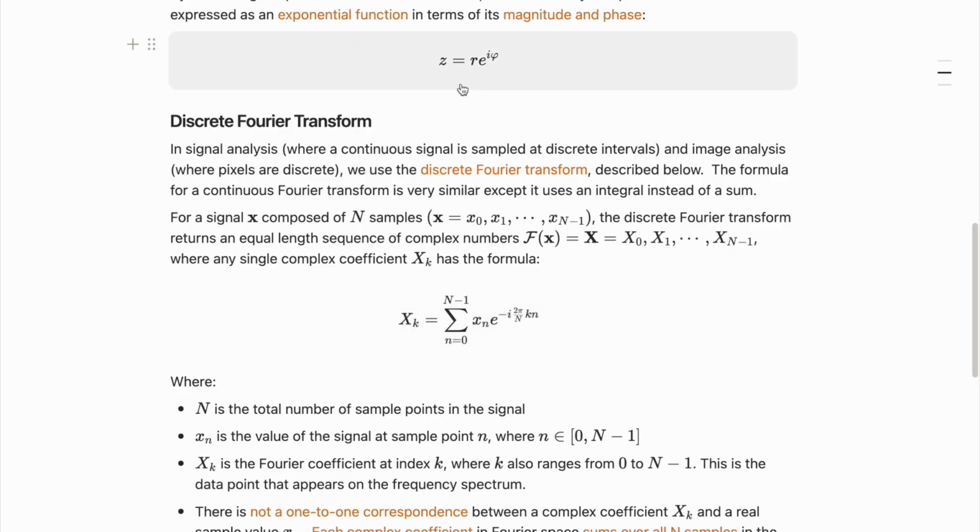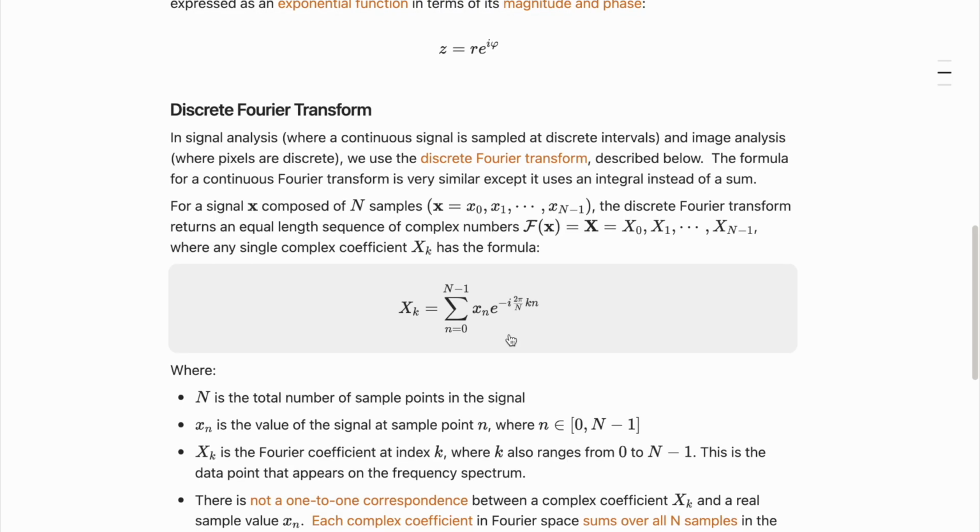So Euler tells us that this is a complex number like z. When you sum n complex numbers together, you end up with a complex number. This is why the Fourier coefficients are complex numbers, because of this formula.